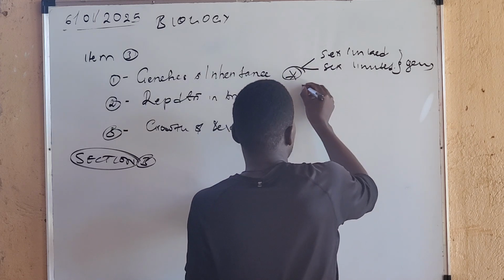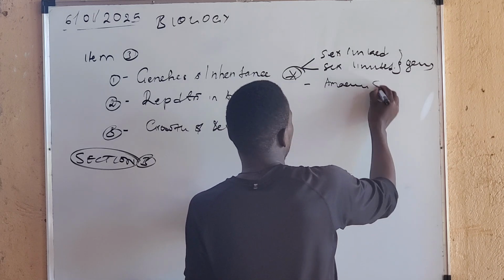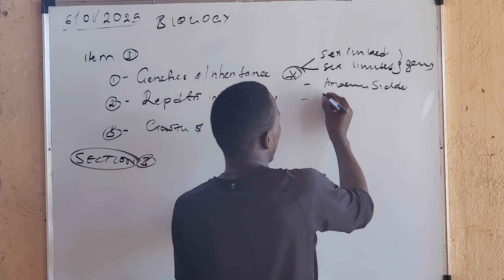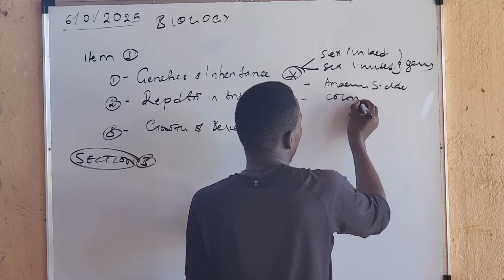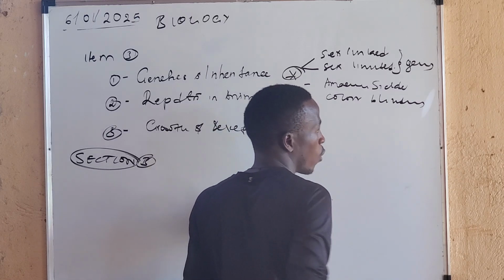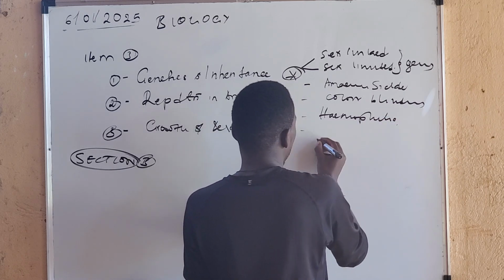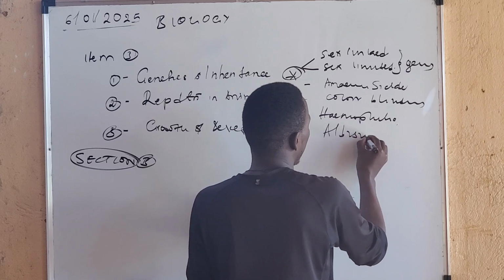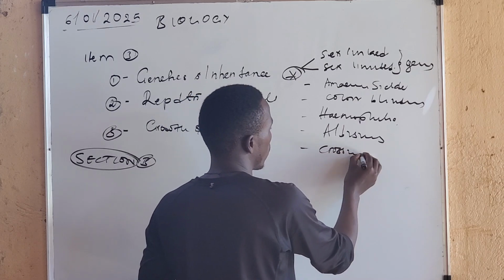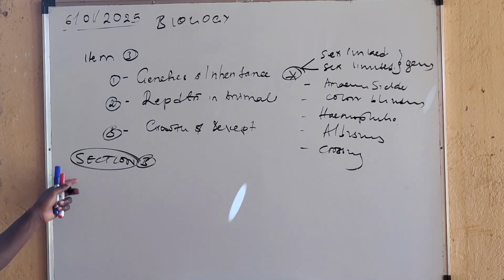For example, there you can look at sickle cell anemia, color blindness, hemophilia, and albinism. Those are like that, and they are crossing. Know the signs and symptoms and the causes.